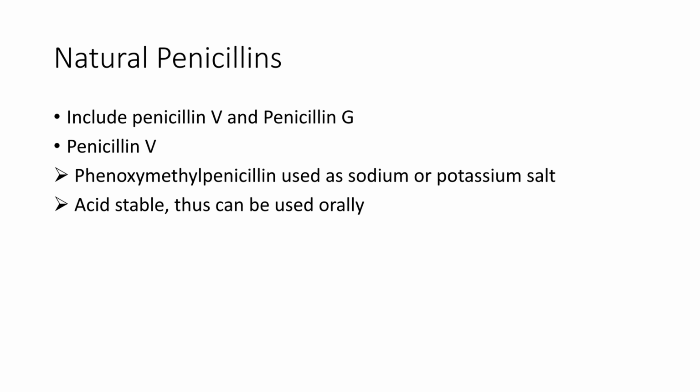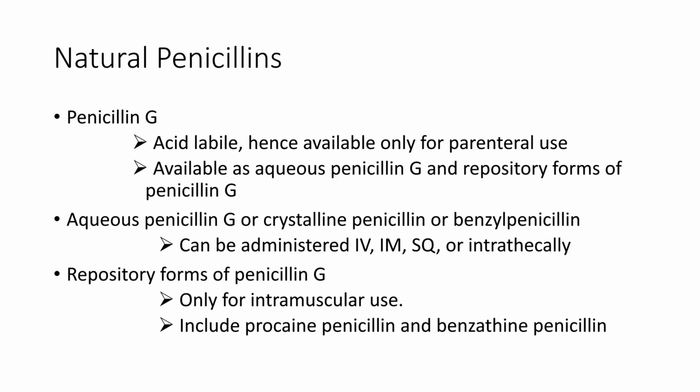It is not destroyed by the gastric acid barrier, so it can be taken orally. That is oral penicillin. Then penicillin G is acid labile. That's why we give it by parenteral injection. You can't take it orally, it's acid labile.